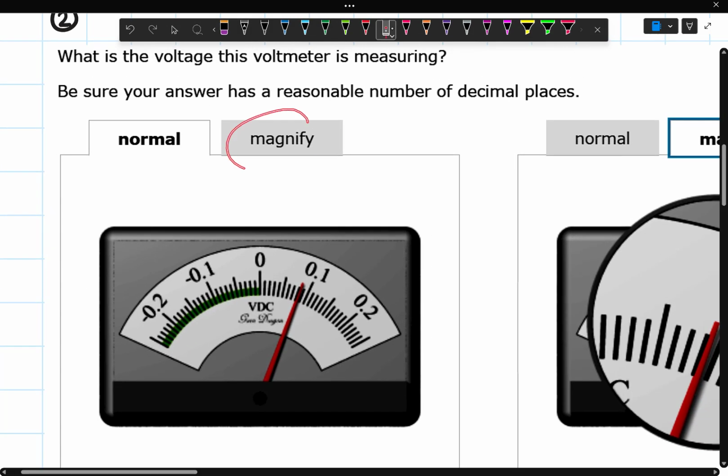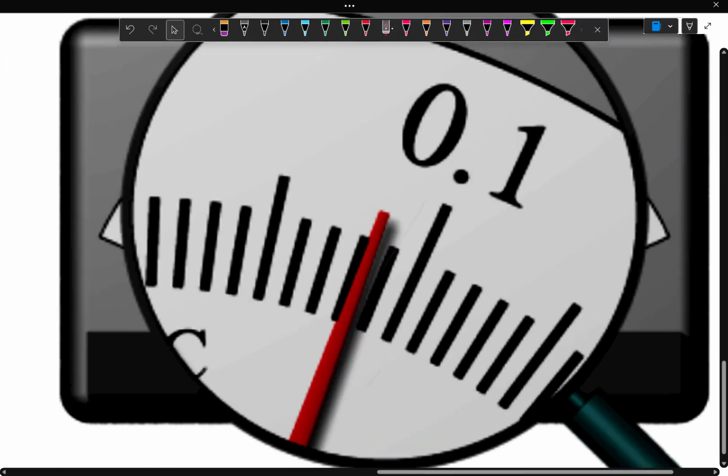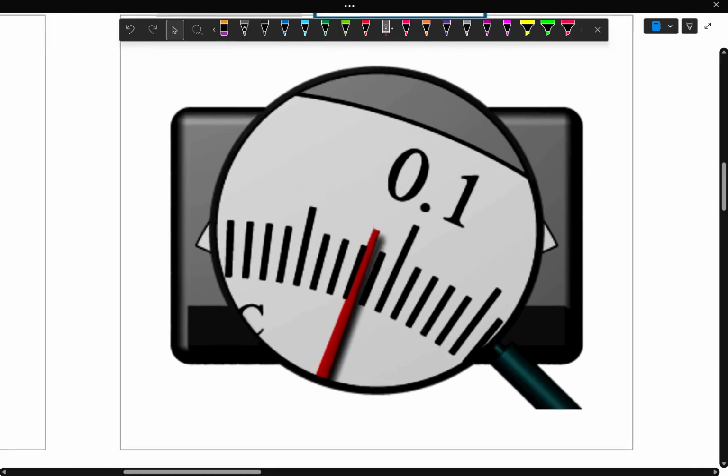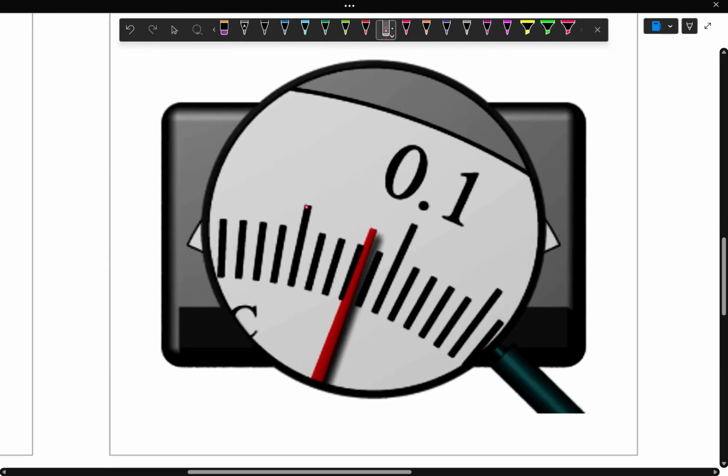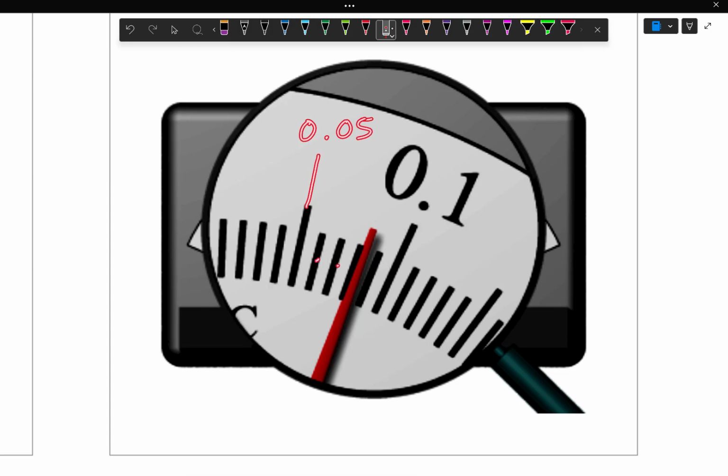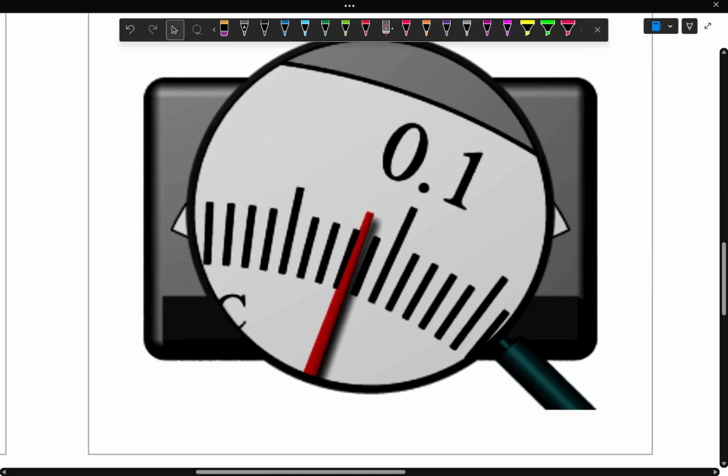So let's magnify. If we magnify, we see that if this is 0.05, 1, 2, 3, we're closer to the 0.08 line here.